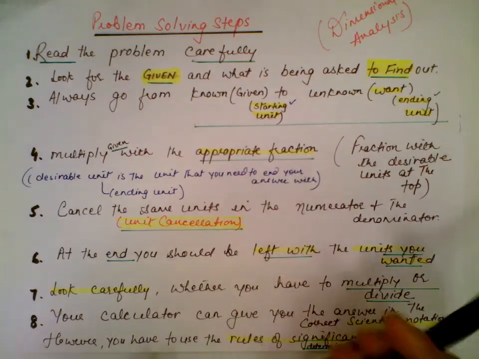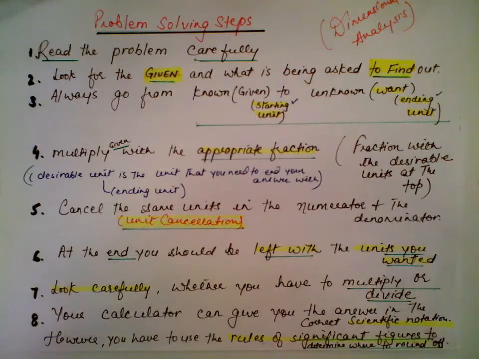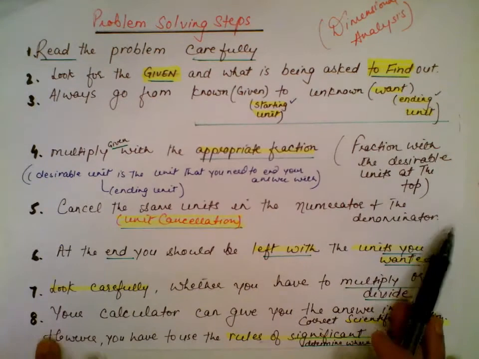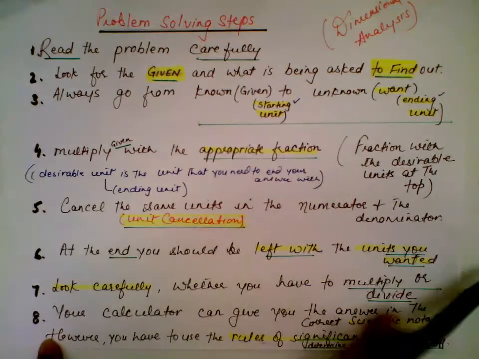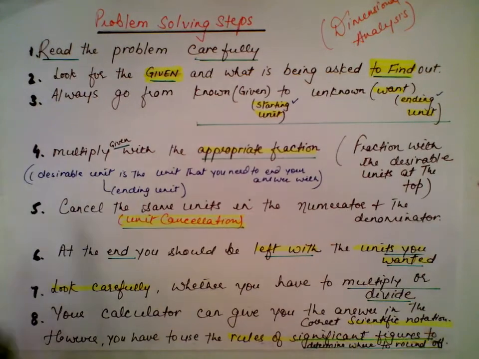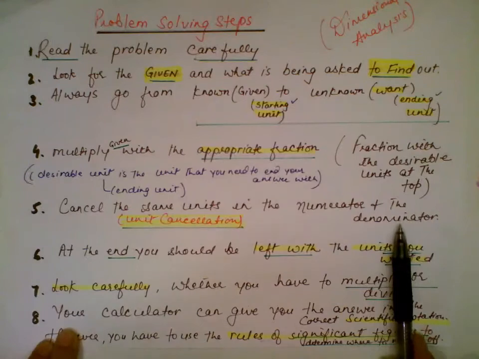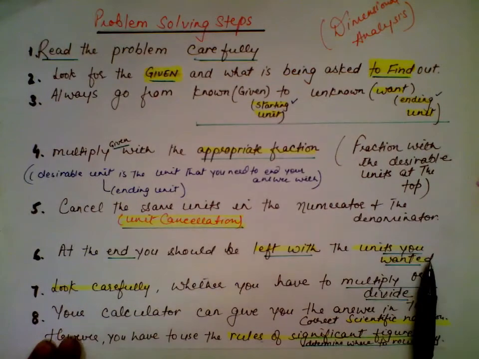The appropriate fraction is the one that has the unit you want at the top in the numerator. And don't forget to cancel the units. Unit cancellation is part of the dimension analysis process. So if numerator and denominator have the same units, you cancel them. That's the whole idea. And at the end, you should be left with only the units that you wanted, not any other units.